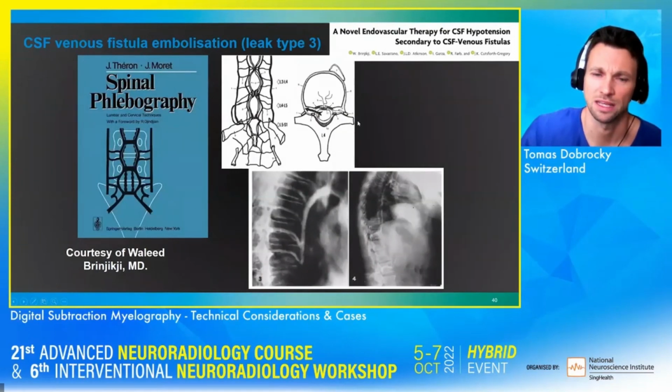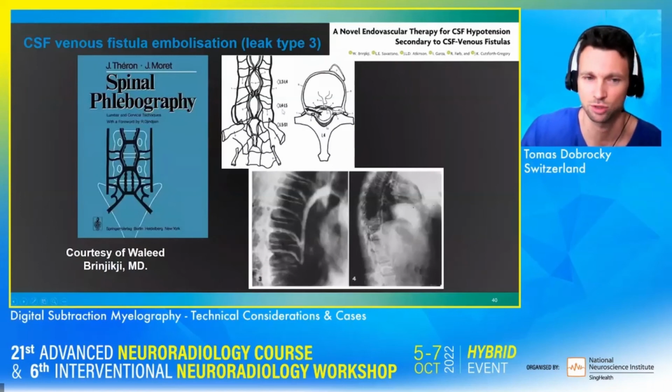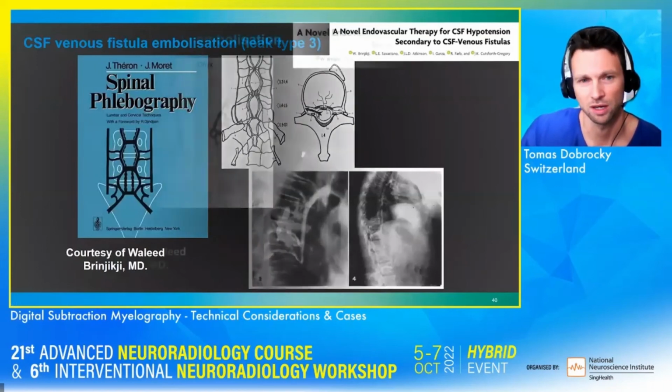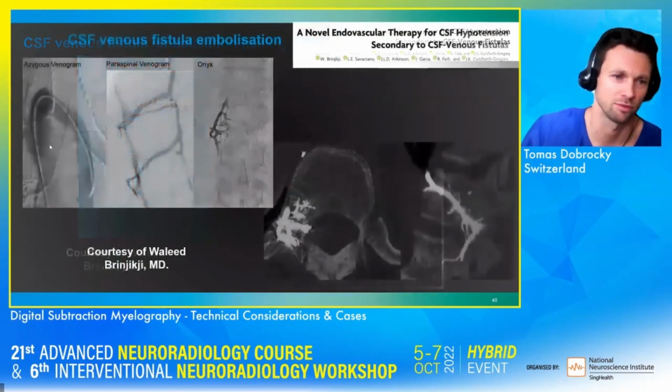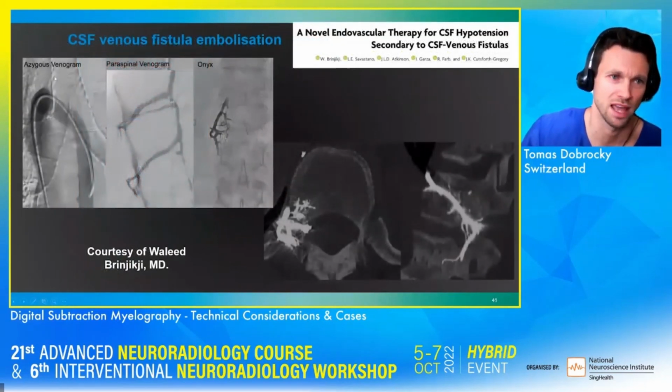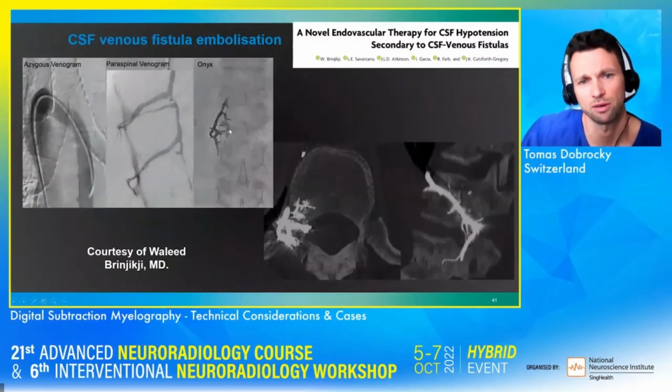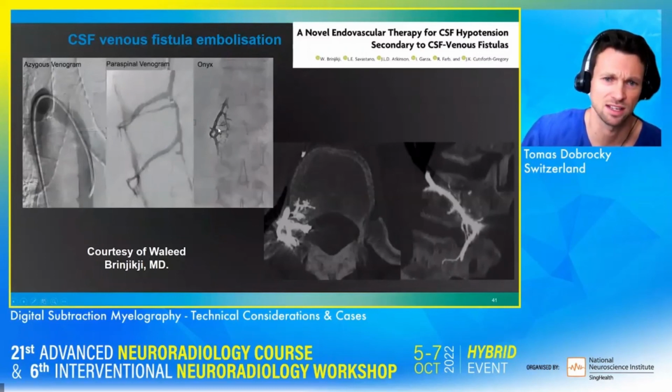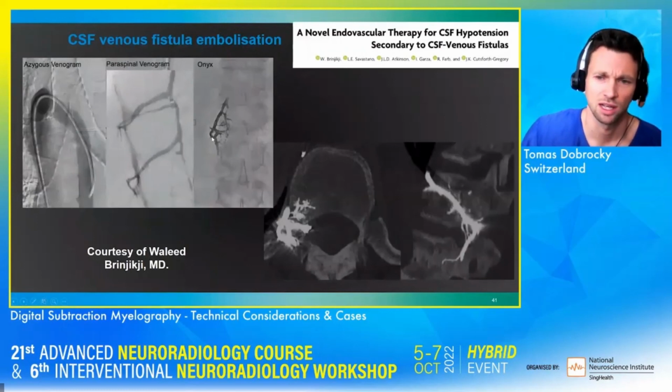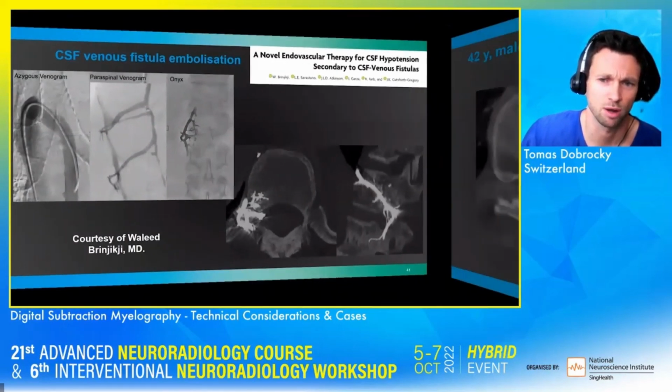He found a very nice technique to approach CSF venous fistula, where we can go from a transvenous approach through the azygos vein, hemiazygos vein. We can approach the level of the CSF venous fistula, advance a microcatheter, and embolize the periradicular venous plexus that is draining the fistula. And those are very promising results.